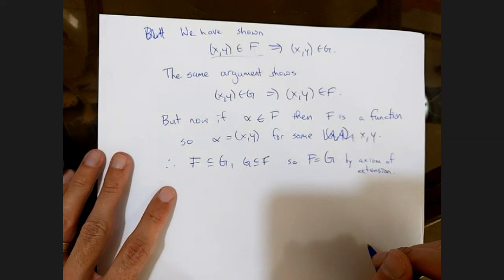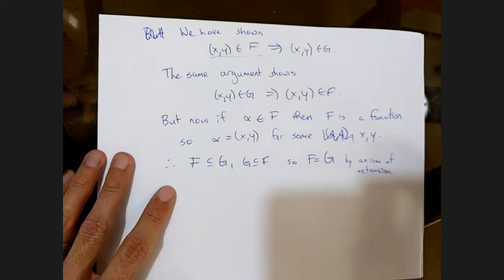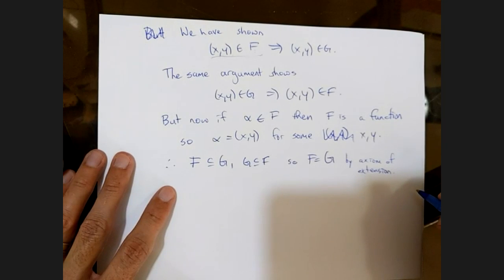Okay. And that's the end of the proof. So the definition of a function says that all functions are just sets satisfying some property. So two functions are equal if they're the same set. But now we have a more useful test to see if two functions are equal.